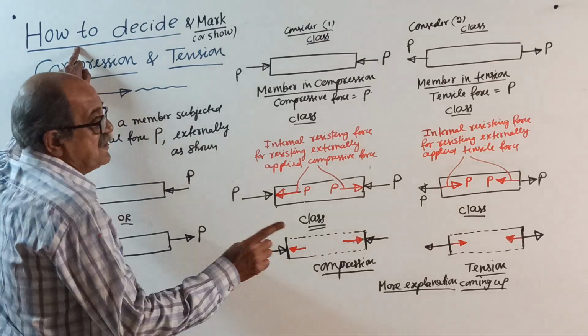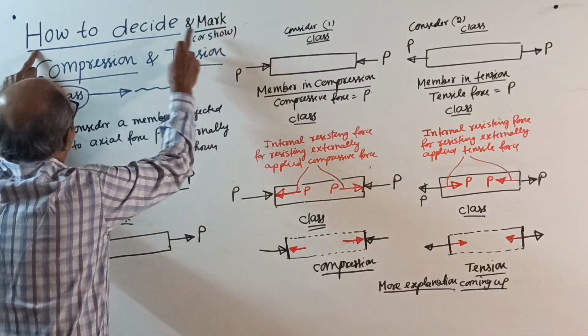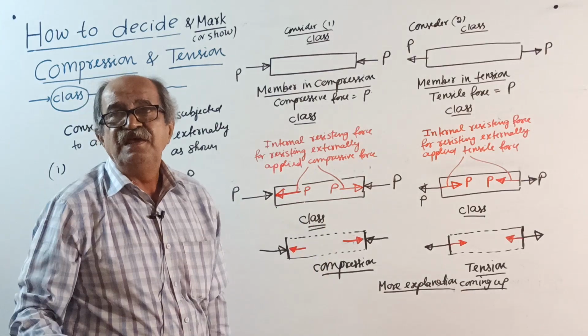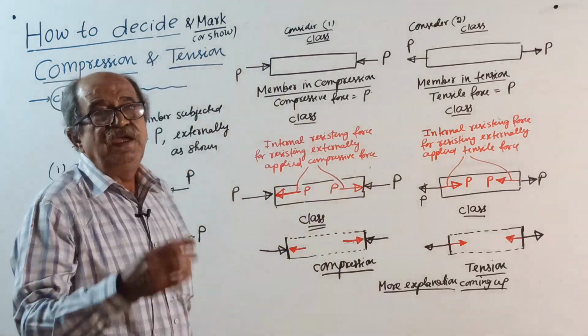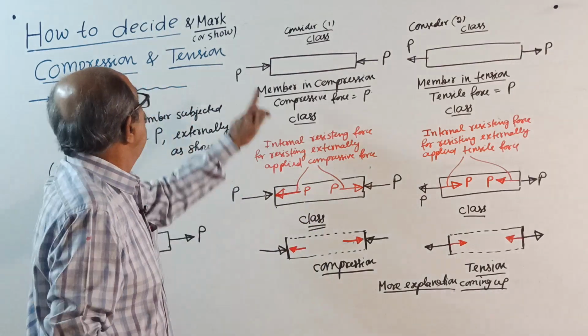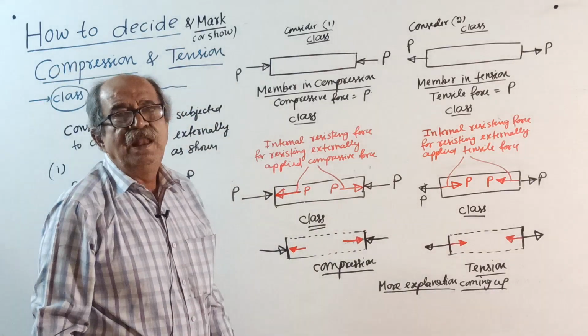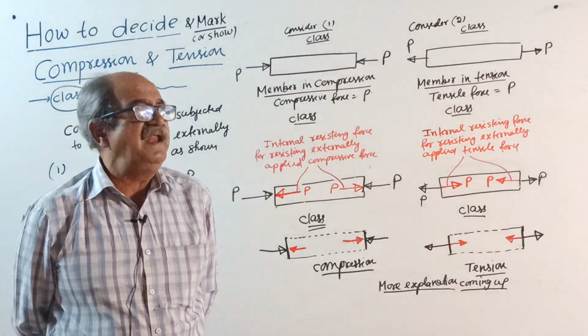See, today's title: how to decide and mark or show, if a sketch is already existing and someone is showing the force, how to decide, or if you want to show it, how to mark compression and tension. I will limit my explanation right now to engineering mechanics.